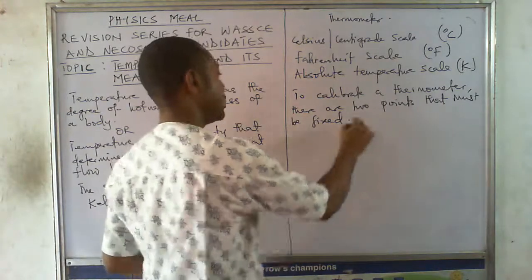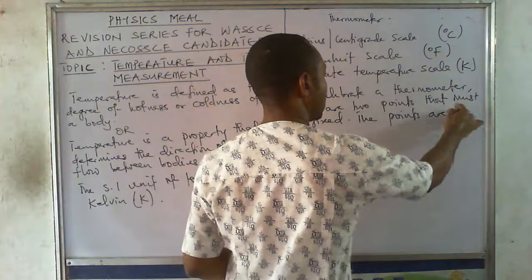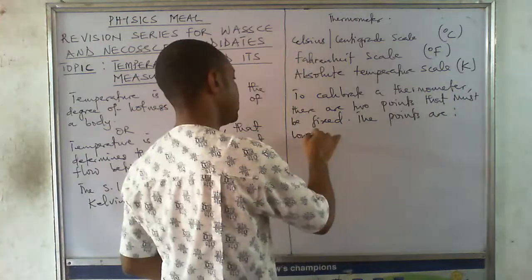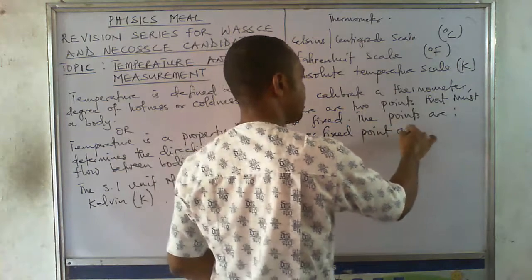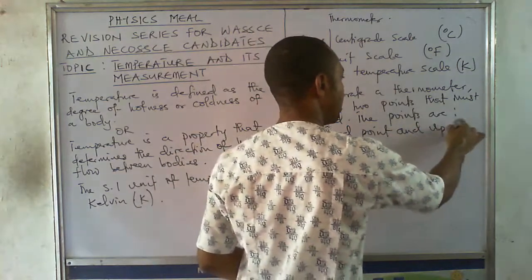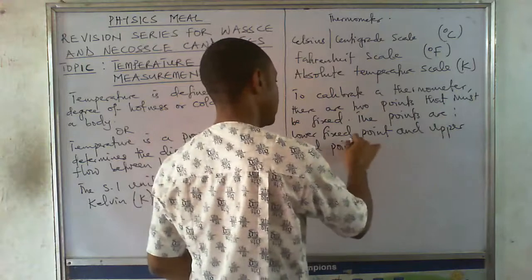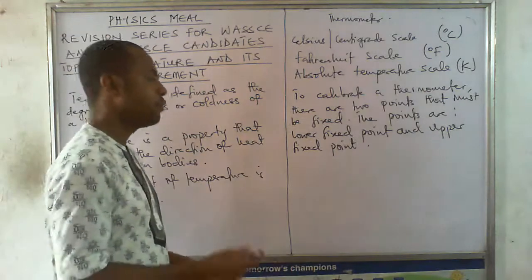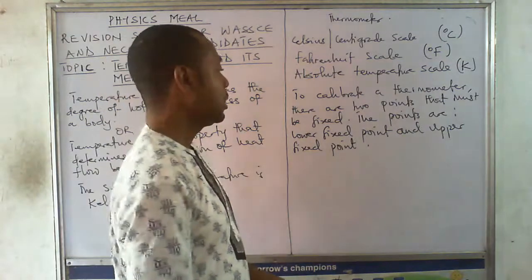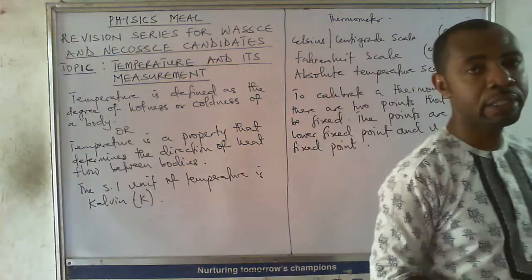We say the points are the lower fixed point and the upper fixed point. The lower fixed point and the what? Upper fixed what? Point. That's the 2 points that we need to fix in order to calibrate the thermometer.